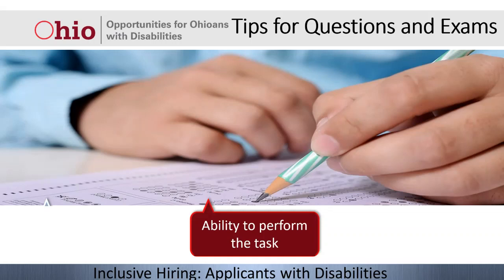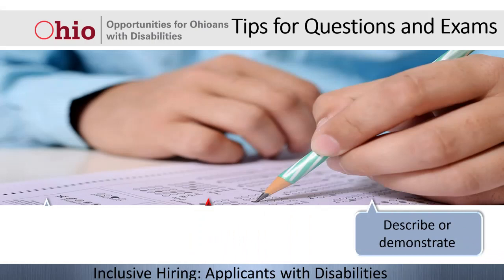For example, you may describe the requirements of the job, such as moving 25-pound boxes that are stacked on skids to a cart that is 36 inches high, and ask the applicant if they can perform this task. You can ask all applicants to describe or demonstrate how they would perform job tasks with or without reasonable accommodation. Generally, this must apply to all applicants.